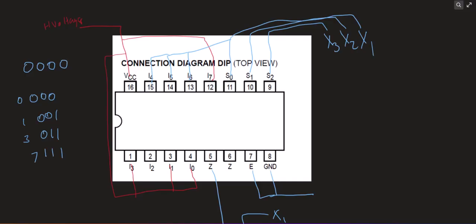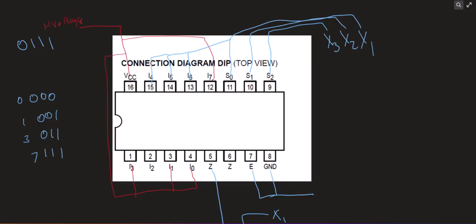So let's say you had, and you connected 7 to X1, change select to X1. High output voltage. Yeah, that would work.